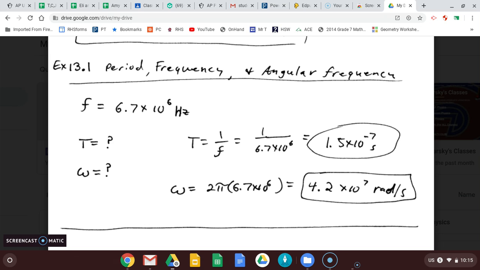And the angular frequency equation is simply omega equals 2 pi times the regular frequency we put here. So the angular frequency is going to be 4.2 times 10 to the 7th radians per second. Pretty easy stuff, but it's more important to understand what you're doing right now.